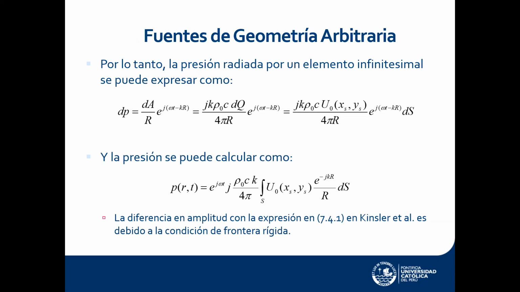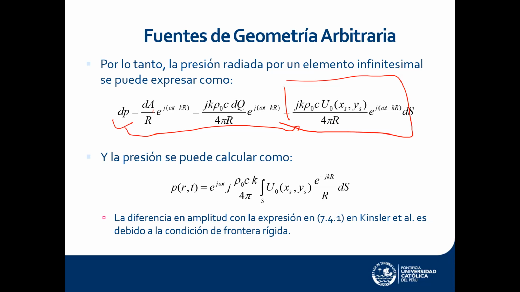We can relate the differential of A to the differential of Q, and the differential of Q to the differential of S. So the differential of P can be related to the differential of surface of the radiating element times some constants times the velocity of the differential element times e to the minus jkr divided by r.